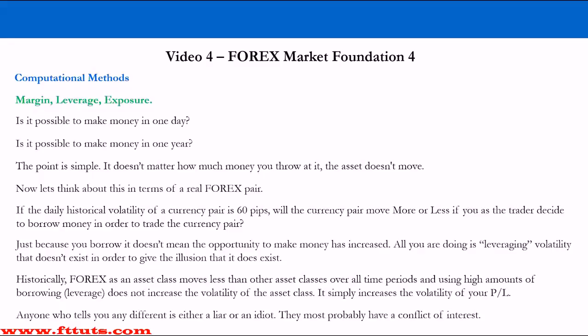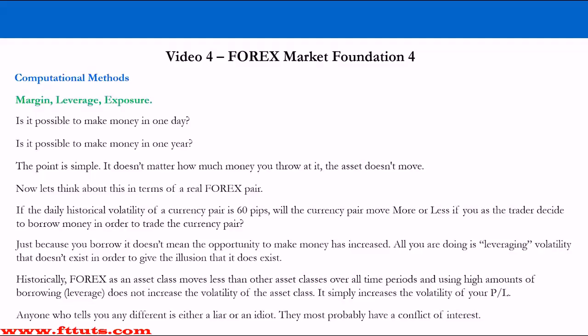Now let's think about this in terms of a real Forex pair. Let's say you work out that the daily historical volatility of a currency pair is on average 60 pips. Will the currency pair move in the future more or less if you as the trader decide to borrow money in order to trade the currency pair?